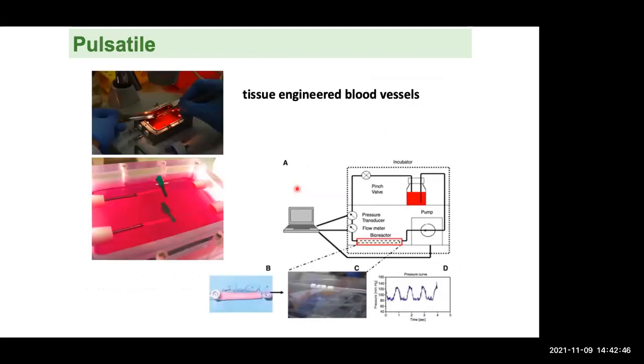Okay, and similar to perfusion, we have what we call pulsatile, which is very popular for growing blood vessels. So imagine there are tiny little tubes here, which are the blood vessels, and they sense the pulse of the heartbeat.